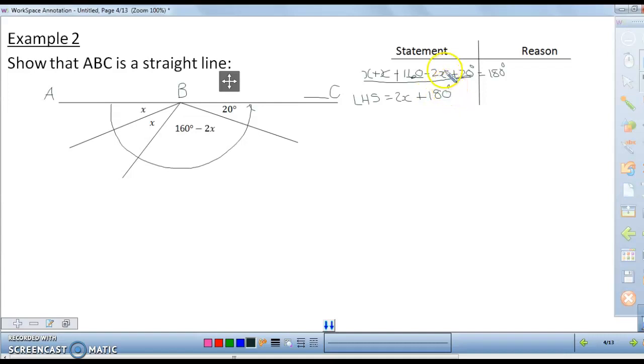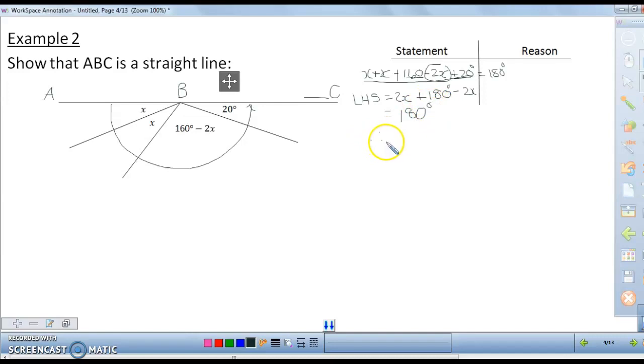And then I have this, minus 2x. So if I have 2x plus 180 minus 2x, what is all of that equal to? Yes, it is 180 degrees. Proved.